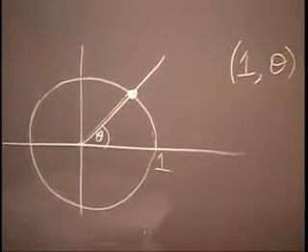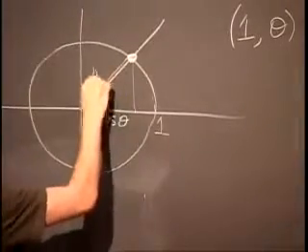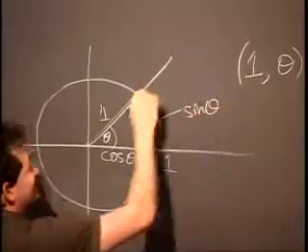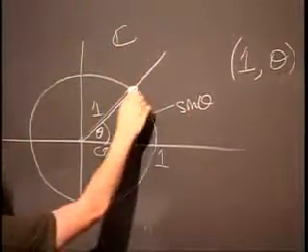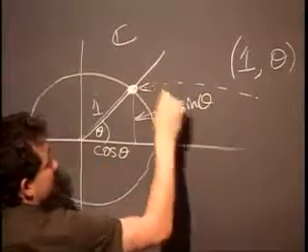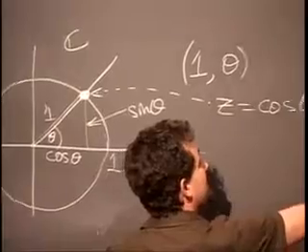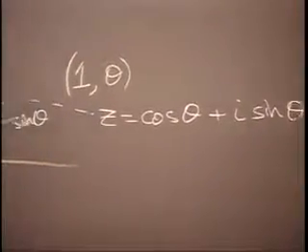Well, the x-coordinate is cosine theta, because the hypotenuse is 1. And the y-coordinate is sine theta. So if we consider this as the complex plane, this point z has real part cosine theta and imaginary part sine theta, so it is cosine theta plus i sine theta.